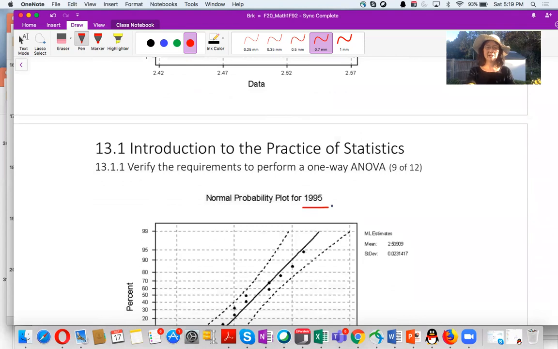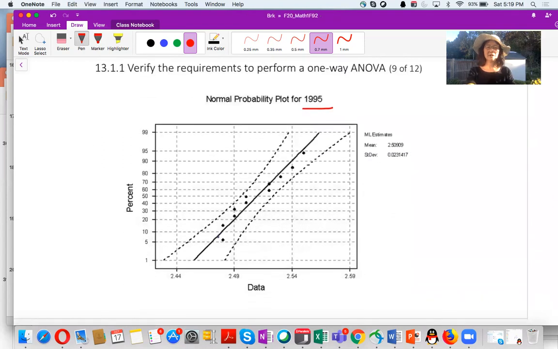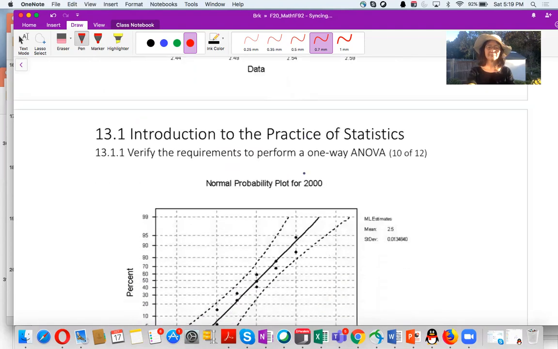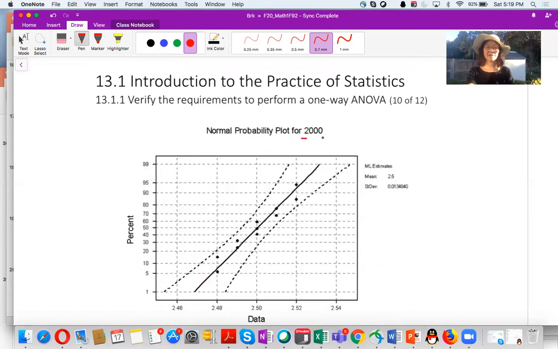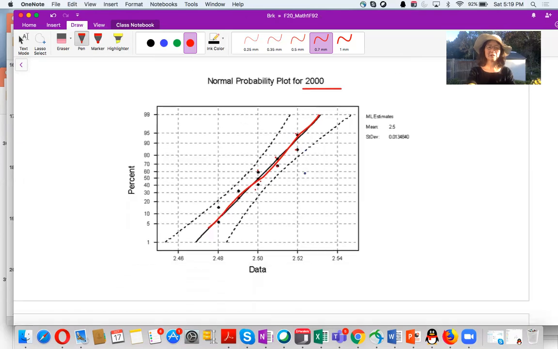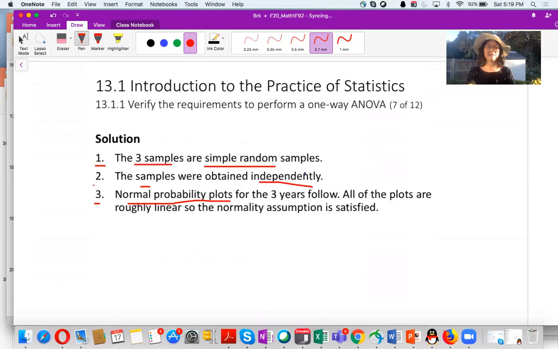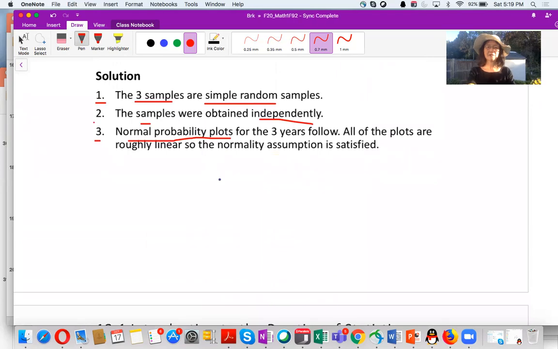And for year 1995, those dots are the probability plot, and they're close to this straight line. So normality is met. And for the year 2000, this is the probability plot. Again, they're roughly along this straight line. So normality is met. So we verified 1, 2, 3.